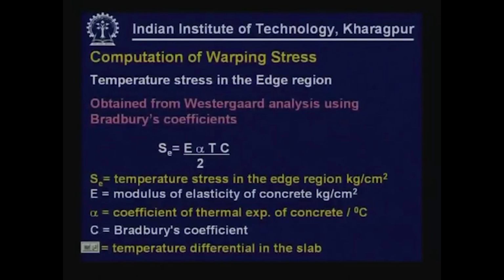So, the expression for computing warping stress in the edge region is given using Bradbury's coefficients as a function of the modulus value of concrete, coefficient of thermal expansion of concrete, T is the temperature differential from top to bottom within the slab, and C is the Bradbury coefficient.